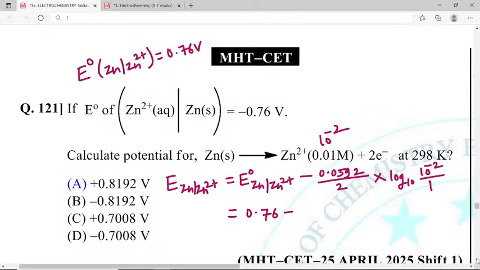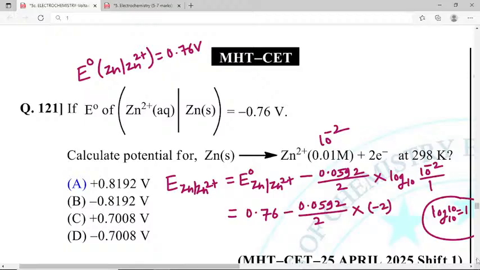Divided by 2 remains as it is. 0.0592 divided by 2 multiply by log चा रूल वापरा इथे -2 and log 10 to the base 10 value 1. Always remember here written as a log 10 to the base 10 value 1 असते. ठीक है.